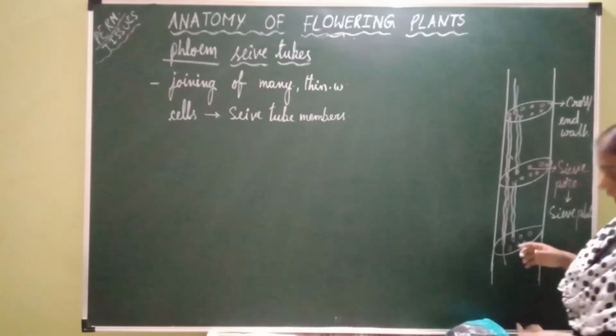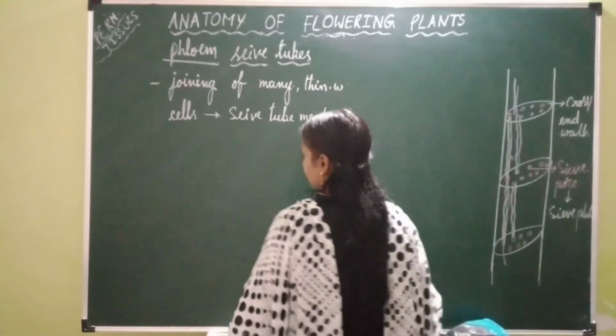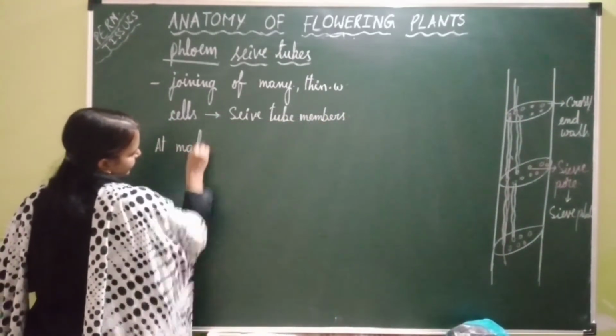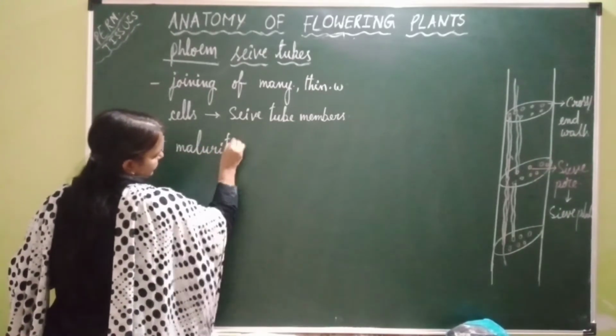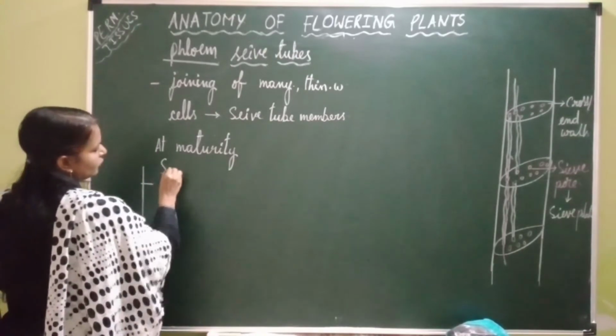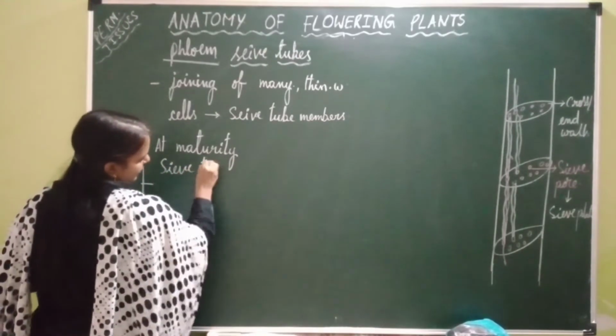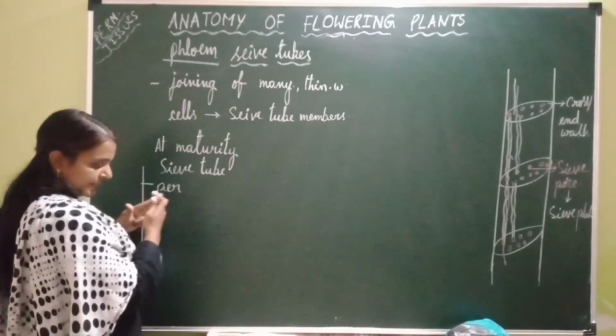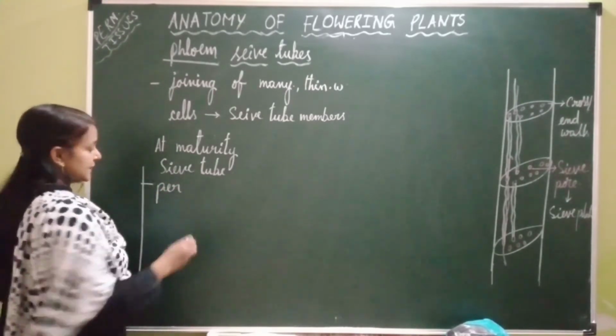Right. Okay, so at maturity, the sieve tube consists of peripheral cytoplasm. That means cytoplasm is towards peripheral sites.